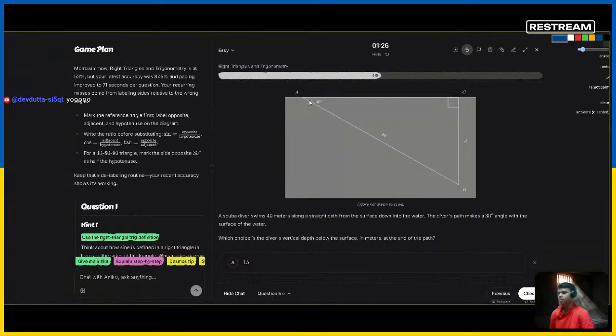Okay, so he's going this way. The question is the diver's vertical depth below the surface, so we need to find D.